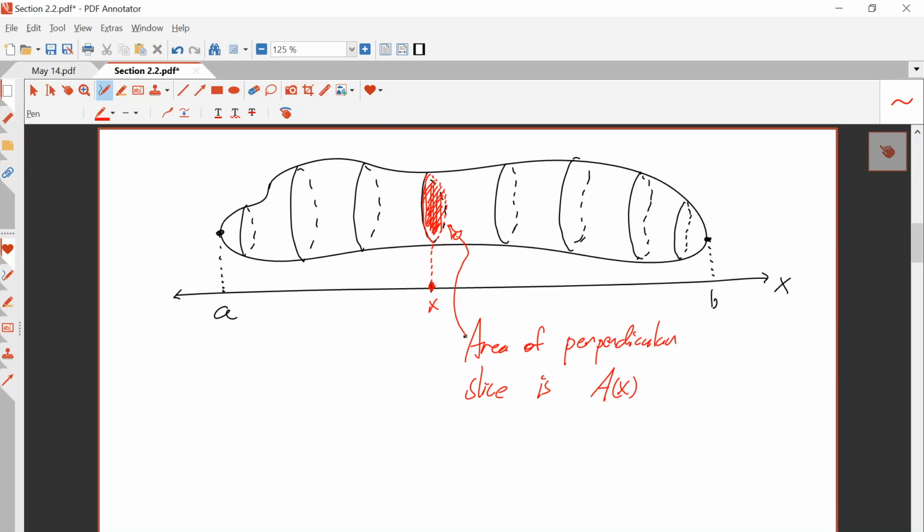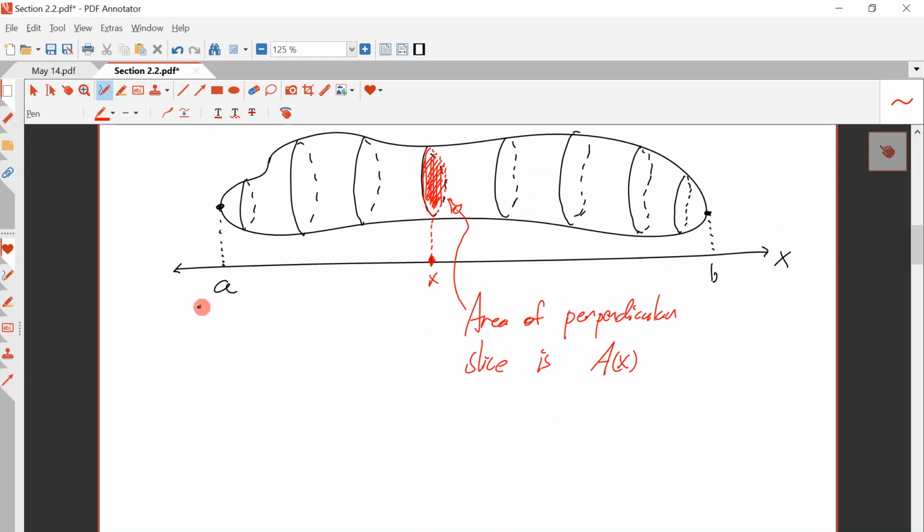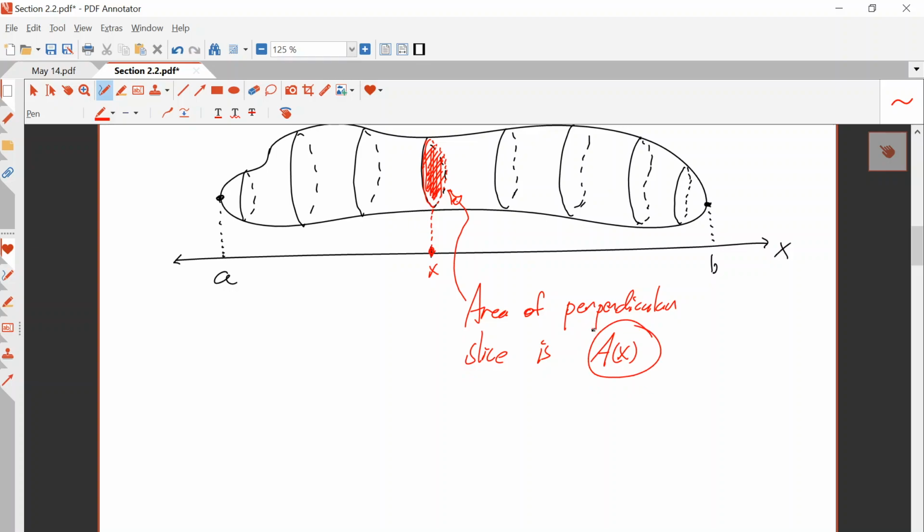So the area of that slice is A(x). This is the main challenge in using this method: figuring out what A(x) is. So we're going to go over lots of different examples and determine what this A(x) is.